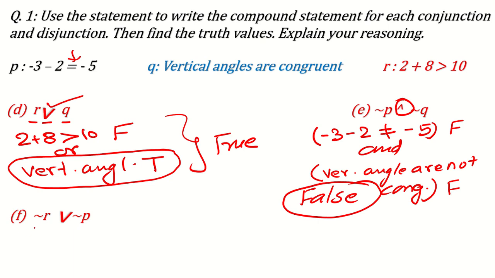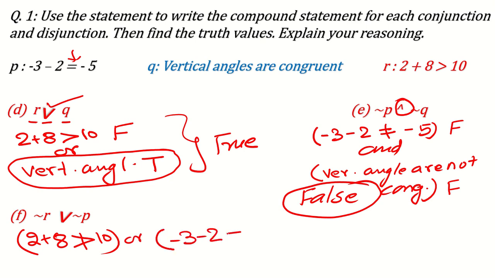Okay. Now, negation of R, that is the last part. Negation of R. So where is R? Okay. So 2 plus 8 is not greater than 10, or negation of P, that is minus 3 minus 2 is not equal to minus 5. So here it is or.